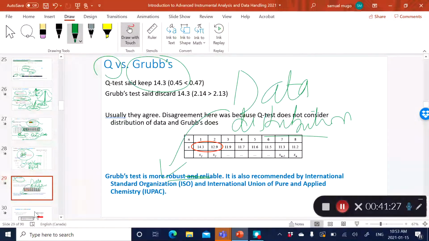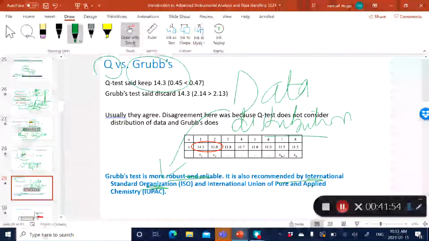So in actual fact, it's the one that is recommended by the International Standard Organization, and most companies you go to, you would realize they've got these so-called ISO certifications, meaning they comply with the international standard testing. And so they typically would use the recommendations of the ISO, and that's how they get certified.